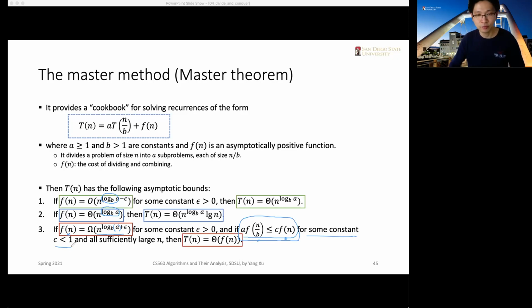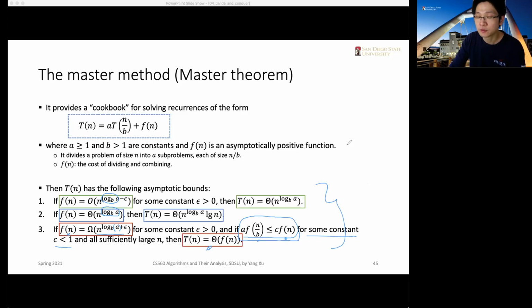If these two conditions are satisfied, then we can claim that the solution for T of n is f of n itself.